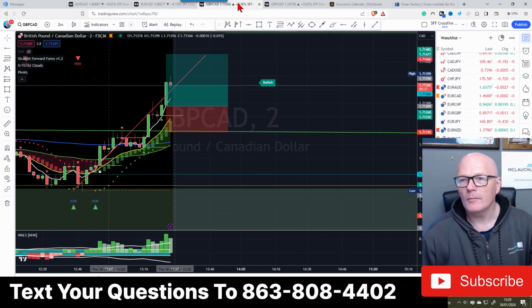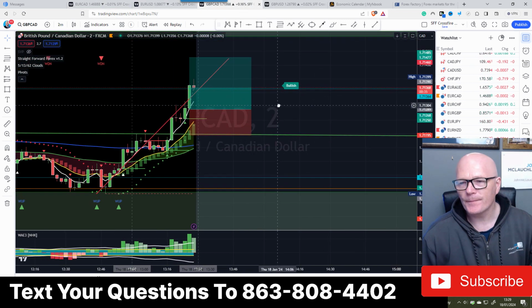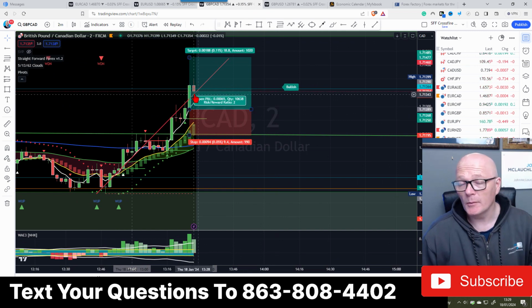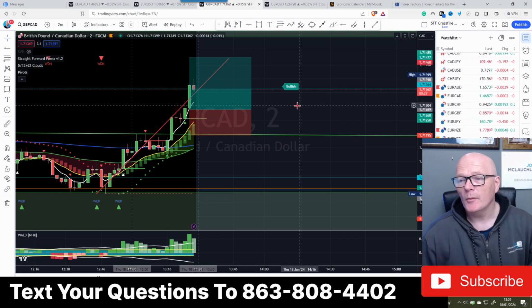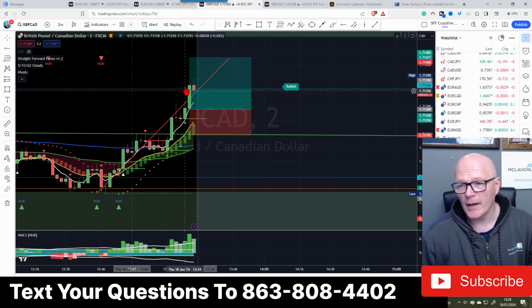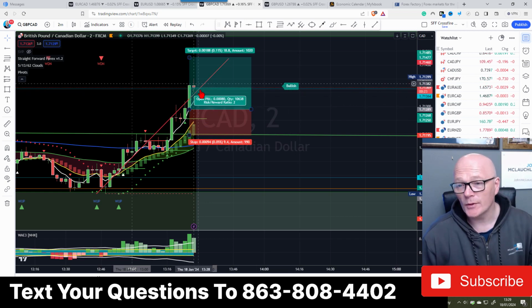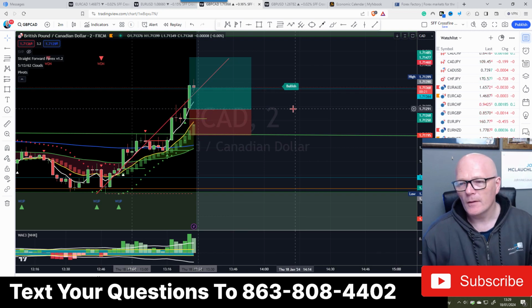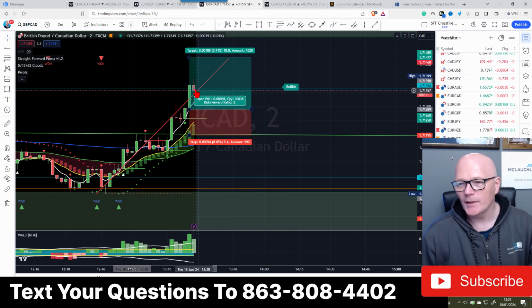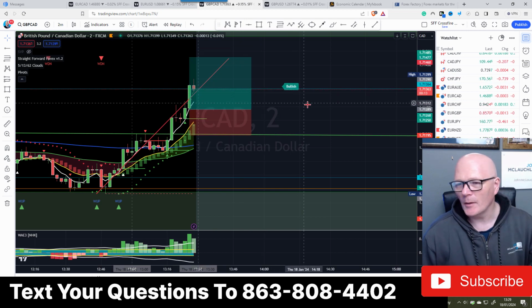So GBP CAD, that's going up still. Okay, it's gone past the trend line, which again is encouraging for me, because that was an area of resistance. It's now pushed through that. So that's quite interesting. I'm a bit twitchy about this because we do have this news coming up in like a minute.